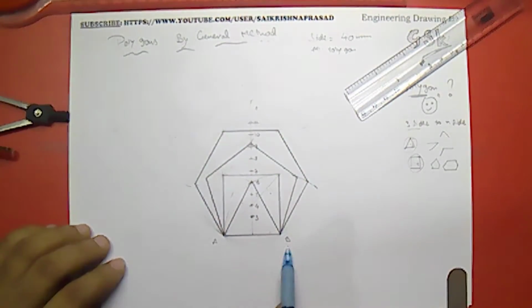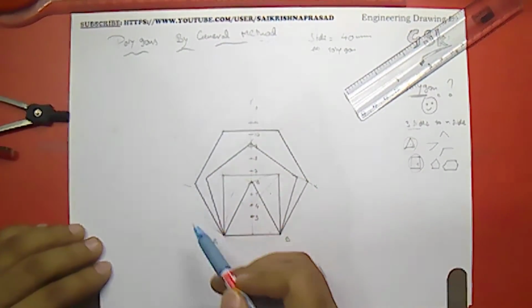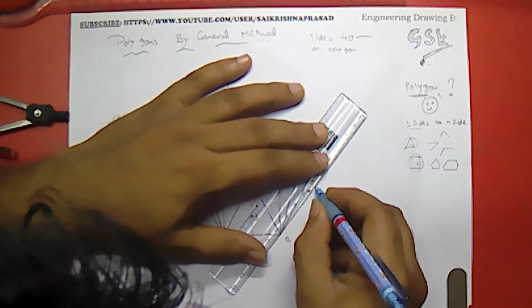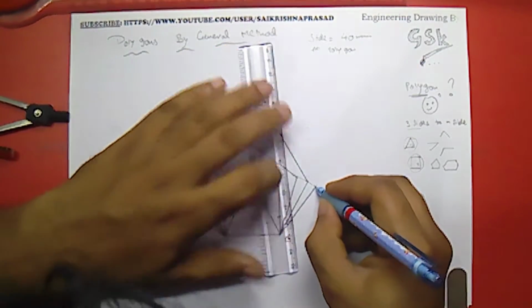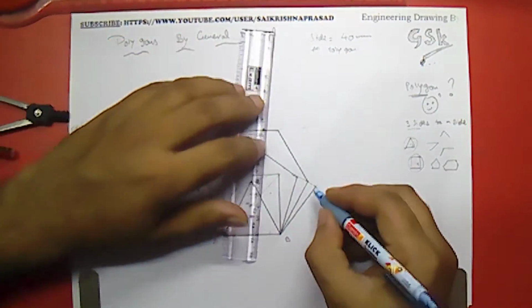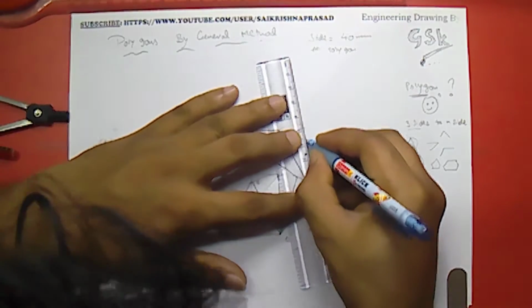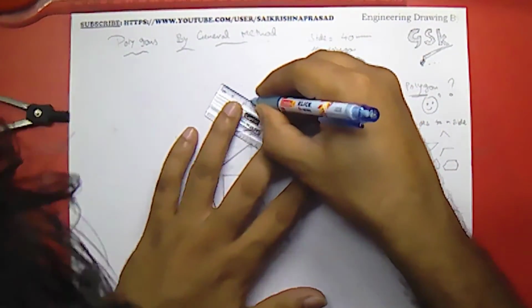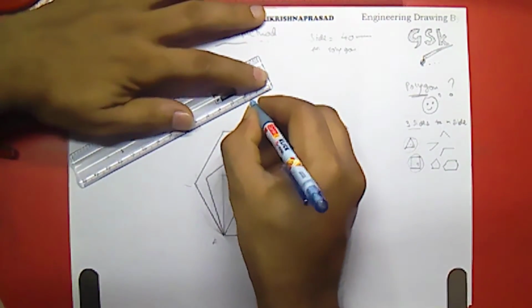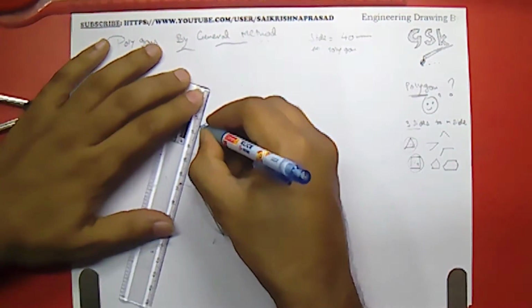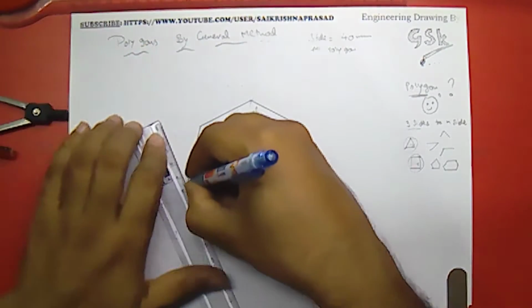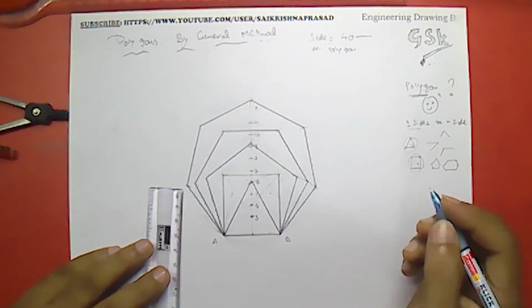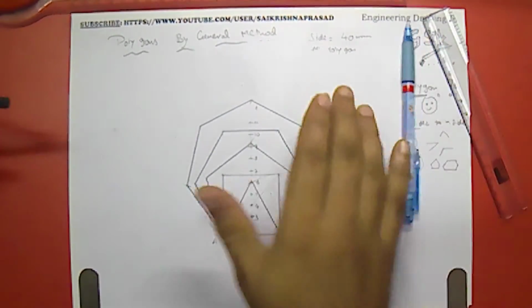So this is A, B, C, D, E, F, G and again A. Now you can join this. Only 1 is finished, AB. 2, 3, 4, 5, 6 and 7.